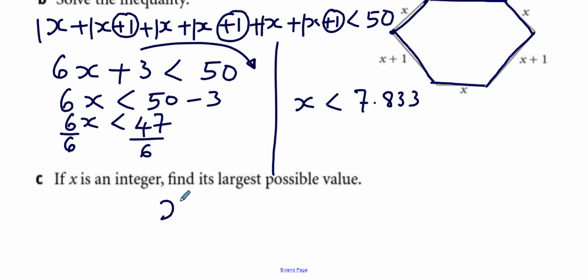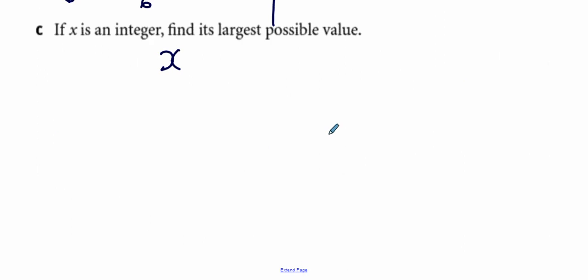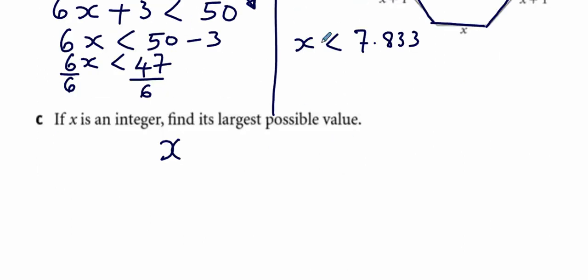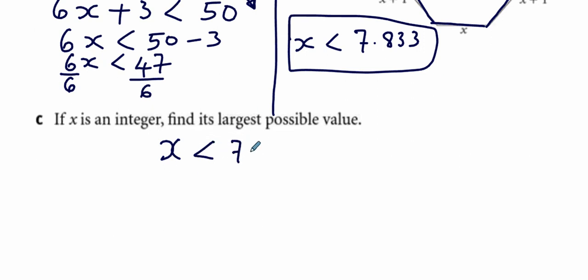This is our solution set. We got x is less than 7.833. Now they are saying x is an integer. Find the largest possible value. Remember what I said about integers?